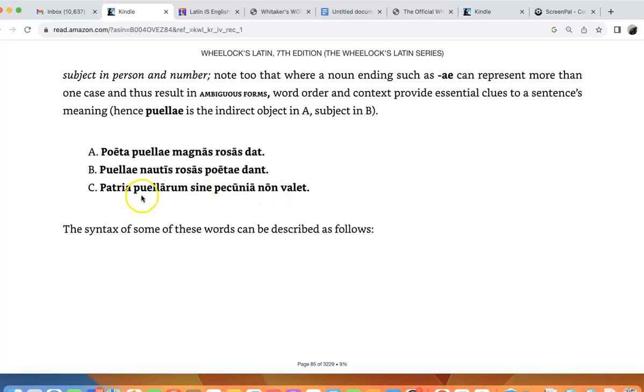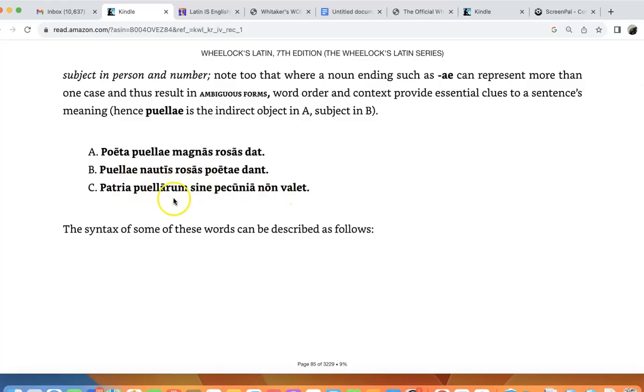Or without money, the country of the girl or the girl's country. So again, I think when we see genitive, I would really strongly encourage you to use of. So the country of the girls without money is not well. Or again, this one you could start with the prepositional phrase without money. The country of the girls is not well.